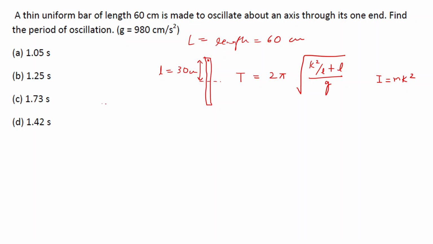For a uniform bar, like a uniform rod, the moment of inertia about the axis passing through its center of gravity is given by 1 by 12 m l square, where the mass of the body is m and the total length is l.